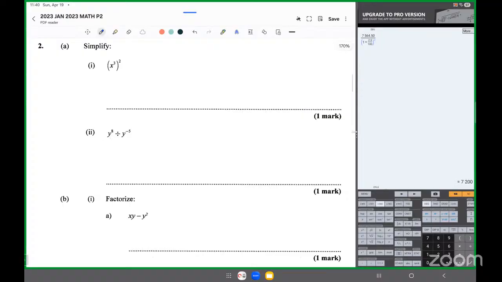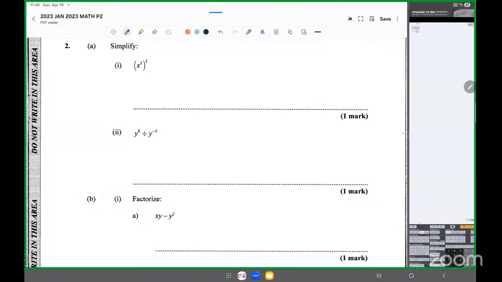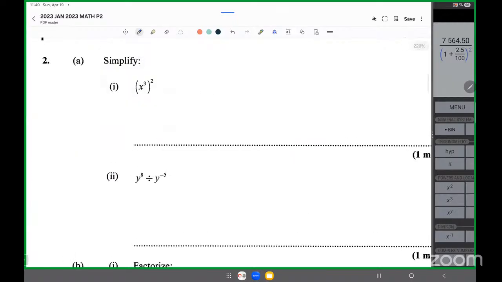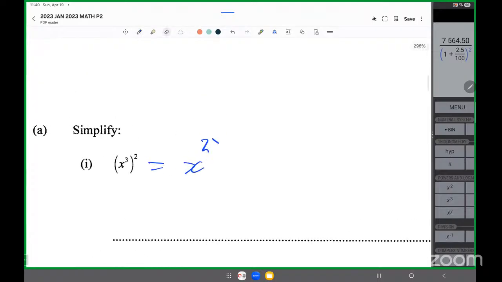Simplify these things. Simplify this. So this is the same as x cubed times x cubed. When you raise an index to a higher power, you multiply the powers. So this is equal to x to the 3 times 2, which is x to the 6th power.